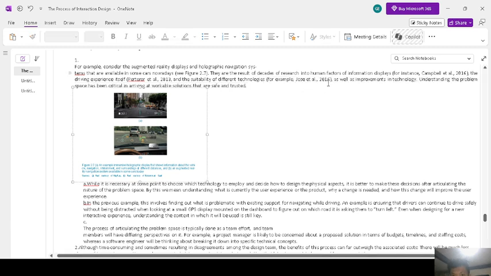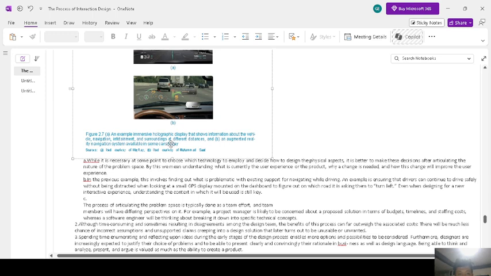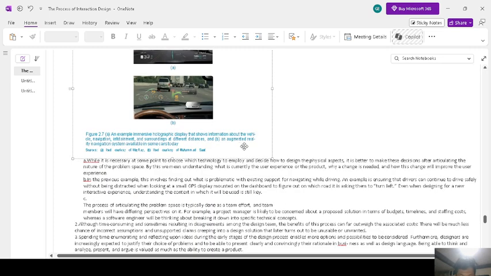For example, in 2016, understanding the problem space has been critical in arriving at workable solutions that are safe and an example of immersive holographic display that shows information about the vehicle, infotainment distances, and augmented reality navigation system available in some cars today.